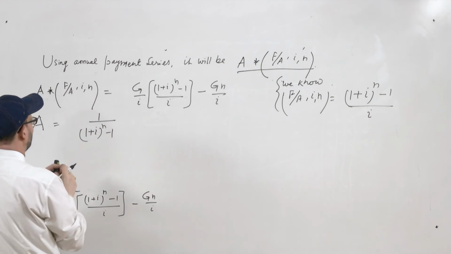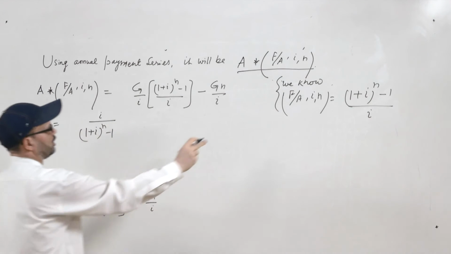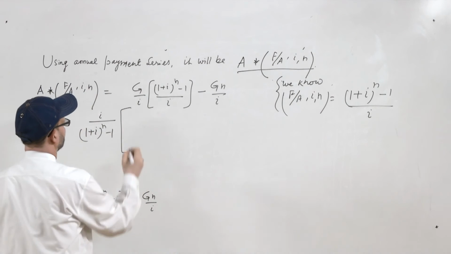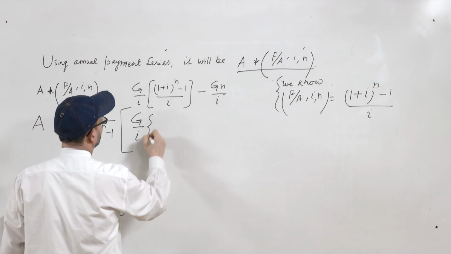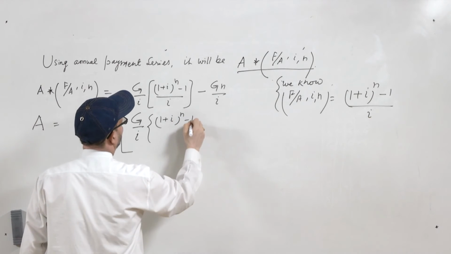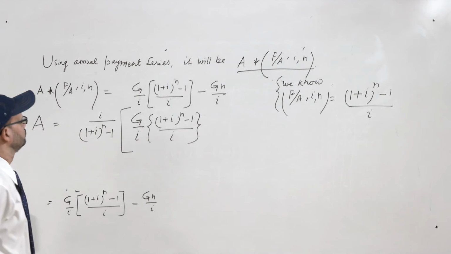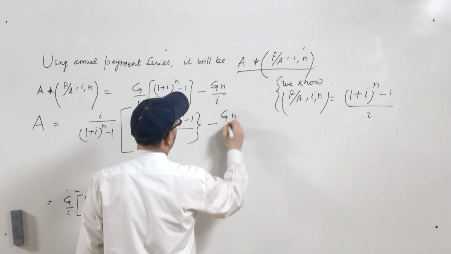In place of this 1 we will have I, the reciprocal of this term, multiplied by g by I into 1 plus I n minus 1 by I, minus g n by I.